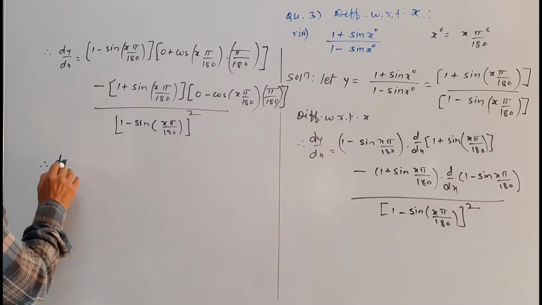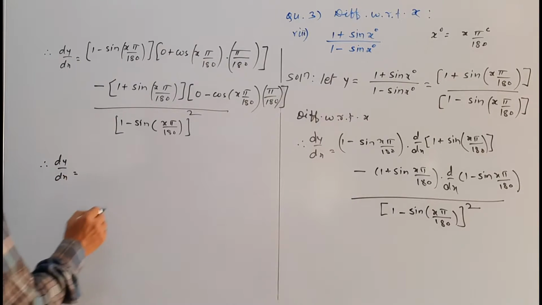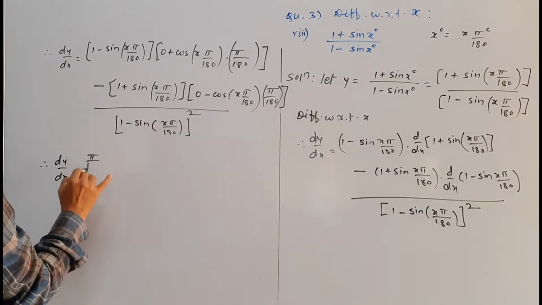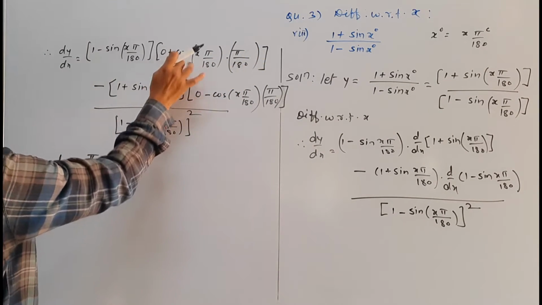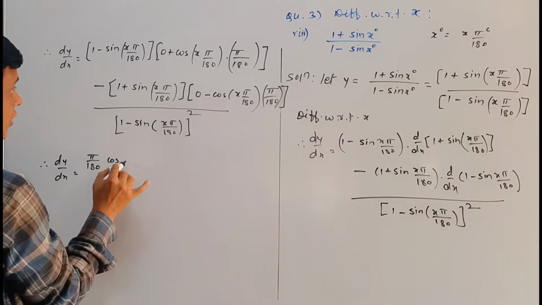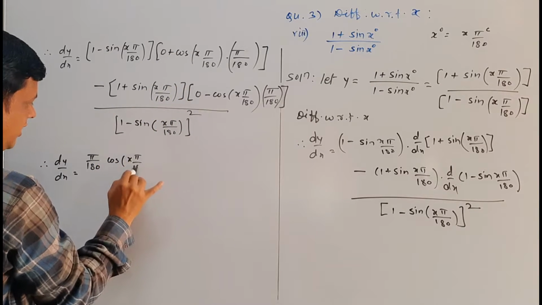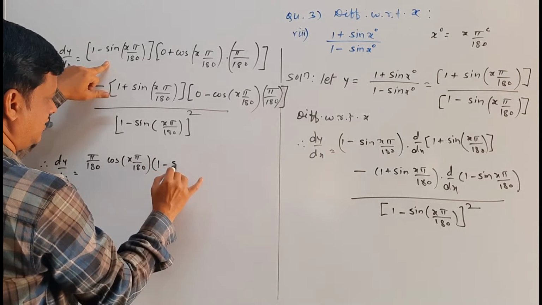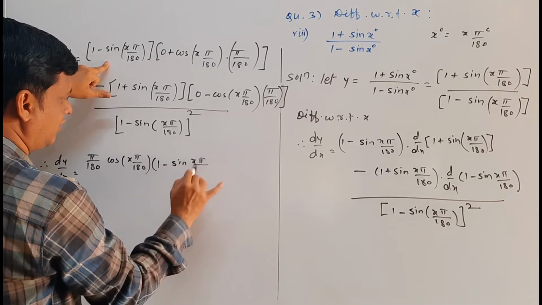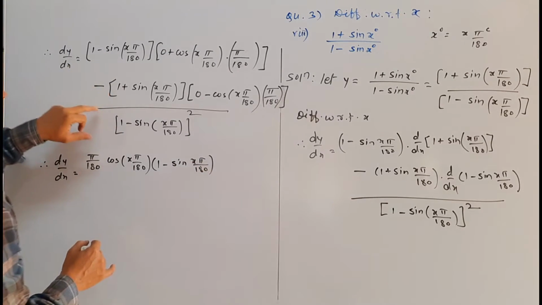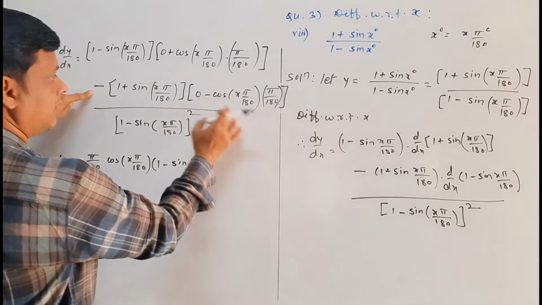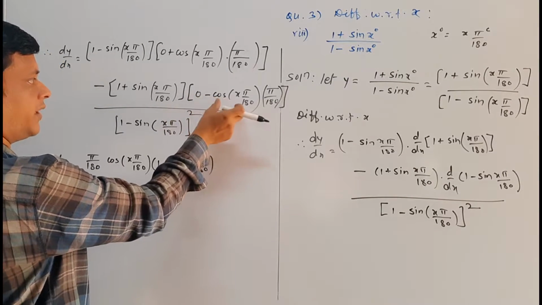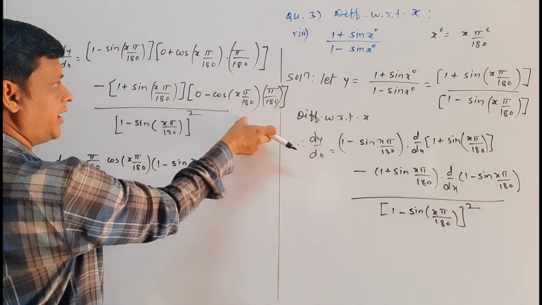Therefore dy by dx is equal to, first we write this pi upon 180, then we write this into cos x pi upon 180 into 1 minus sine x pi upon 180. Then when we subtract from 0, we get minus cos x pi upon 180.